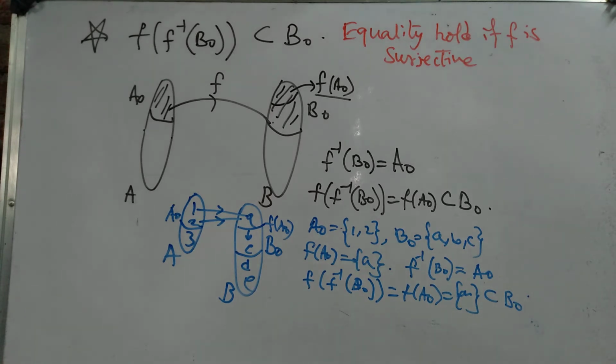So in this way we handle some examples, and we understand better, or we understand properly. So today we also learned that A0 is a subset of f inverse of f of A0, and f of f inverse of B0 is a subset of B0, and image set and pre-image set.